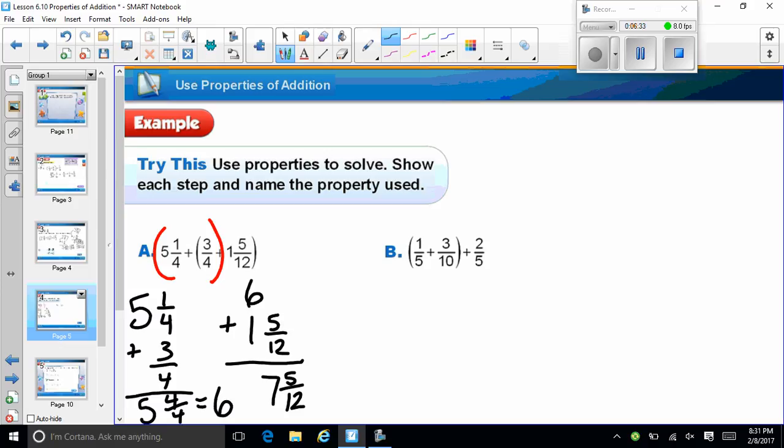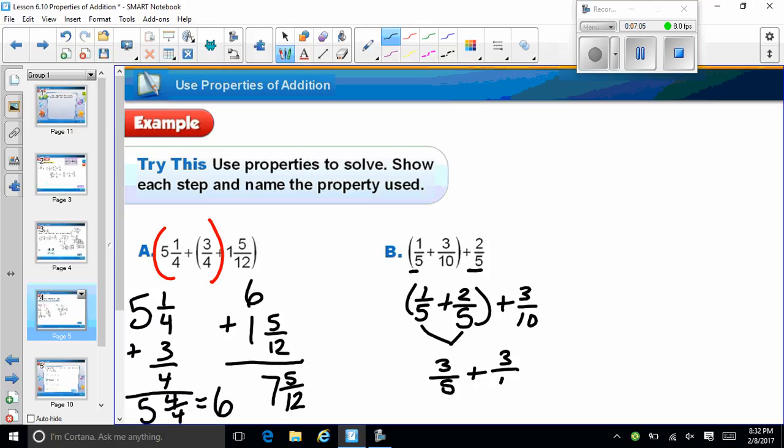I need to identify the property I'm going to use. In this case, I see that I have a 5 here and a 5 here, so I want to use the commutative property and switch that around. Now I'm going to have 1/5 plus 2/5 in parentheses, and then 3/10 on the outside. 1/5 plus 2/5 equals 3/5.